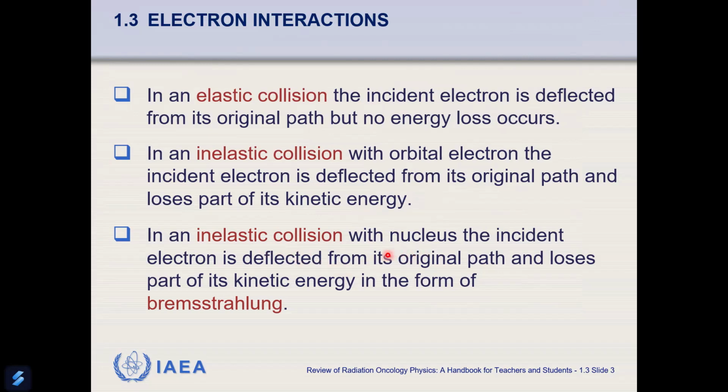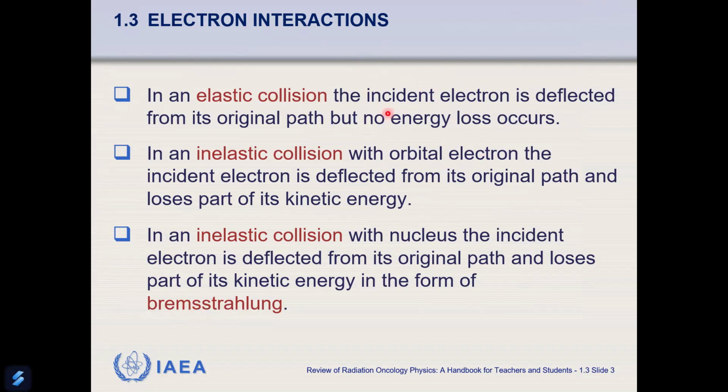If it reacts with the nucleus, of course, it will be redirected and deflected from Coulombic interactions and lose some of its energy through bremsstrahlung, which I said is as a result of interaction or force of attraction with the nucleus. So this is what we call radiative loss.